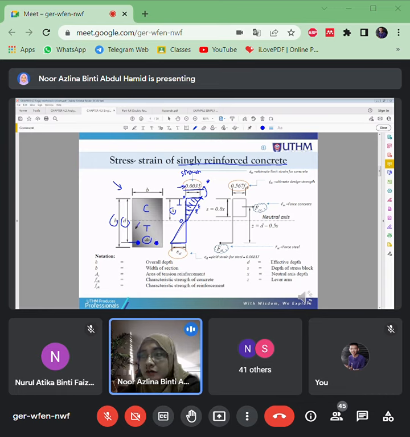So that means this tensile stress at the bottom will be carried by this steel reinforcement. So that's why the bottom triangle block here is the strain for the steel.